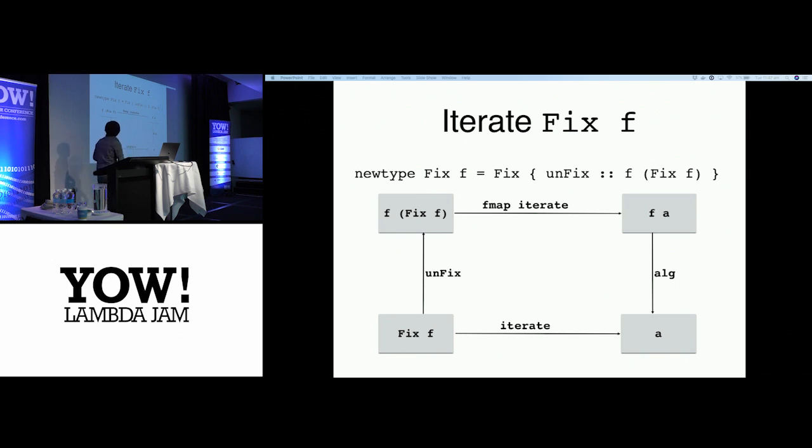What happens underneath is we call unfix on this Fix of F according to the type design, and then unfix returns F of Fix of F. Because F is a functor, I can apply fmap with the same iteration, which returns F of A. The only thing remaining is that I need to define the function from F A to A called alg.